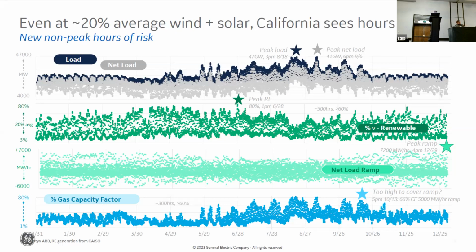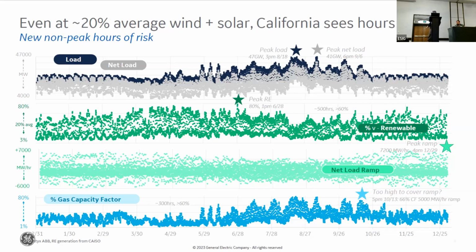And so even as a system planner, you would typically pick the peak load hour for the year in terms of diving down in different analyses. But that's really changing because of the renewable penetration. So this was California. Sorry, I don't have the exact date on here. 2020, thank you.